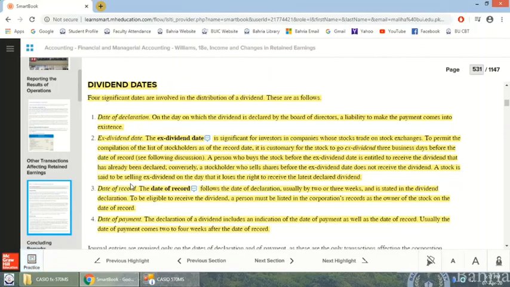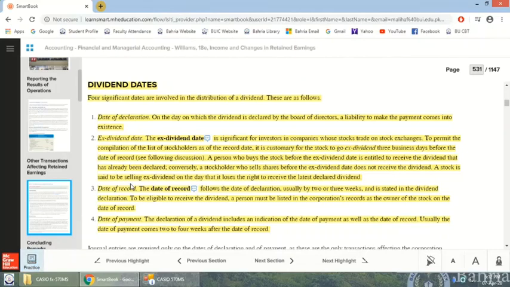A person would sell it on 1st to someone else. So from 2nd to 31st, even though you had the stock, the company would pay the dividend on 31st, but it would be paying those investors that had been in their records on the date of record.